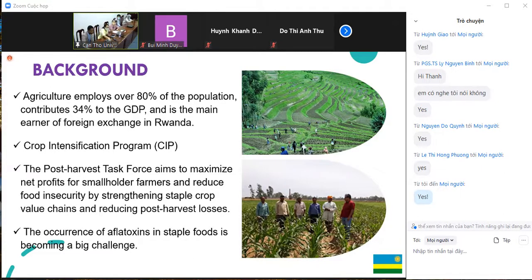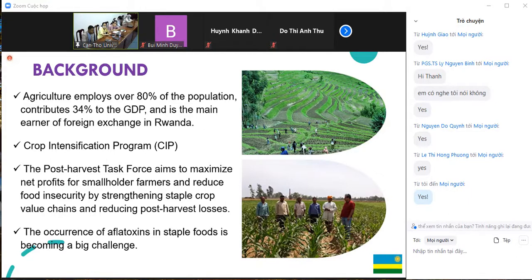Rwanda also has a post-harvest task force that aims to maximize the net profit of smallholder farmers and reduce food insecurity by strengthening staple crop value chains and reducing post-harvest losses.